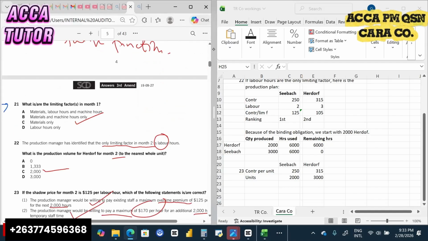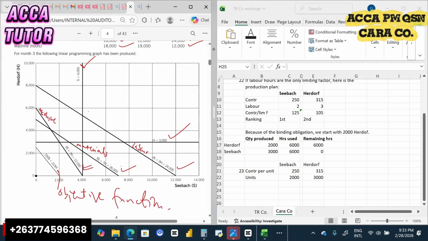So let us see. Where is the labor graph? You can see that the labor graph here is actually outside, far away from the feasible region. The resources which have been consumed according to the feasible region are the machine hours.